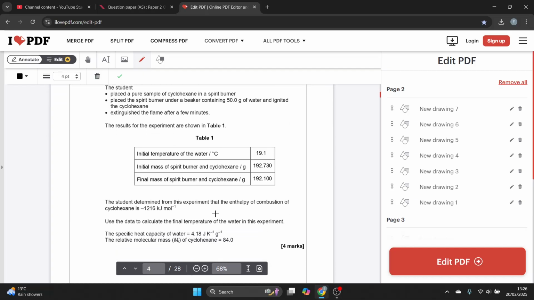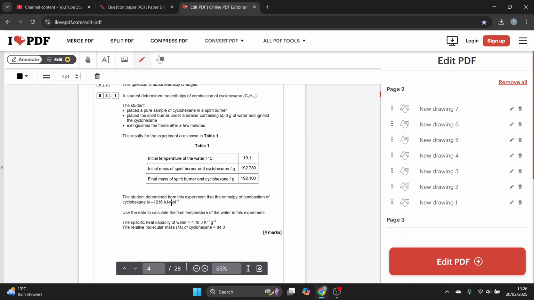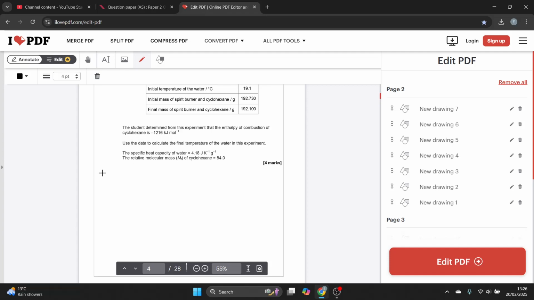Question 3. Use the data to calculate the final temperature of the water in this experiment. So I'm going to use Q equals mc delta T. Therefore, delta T equals Q over mc.